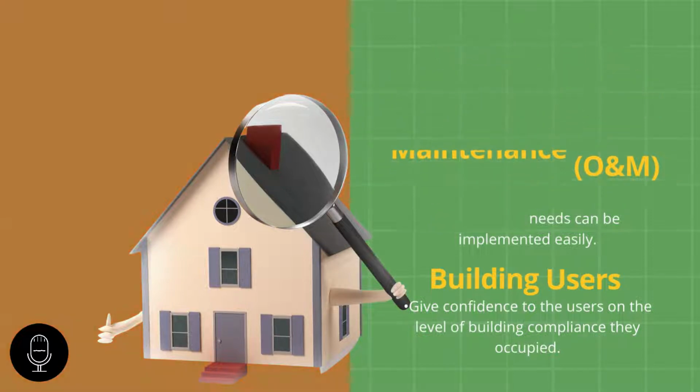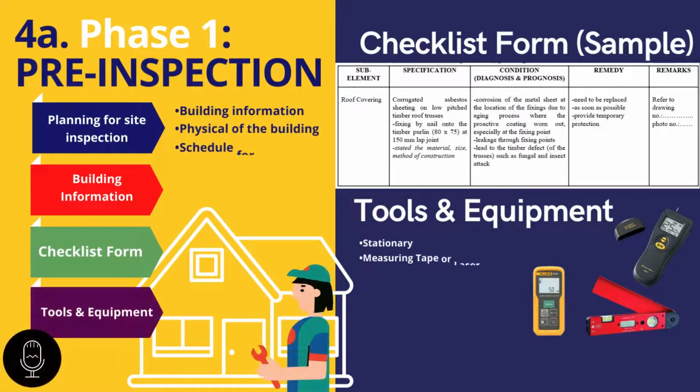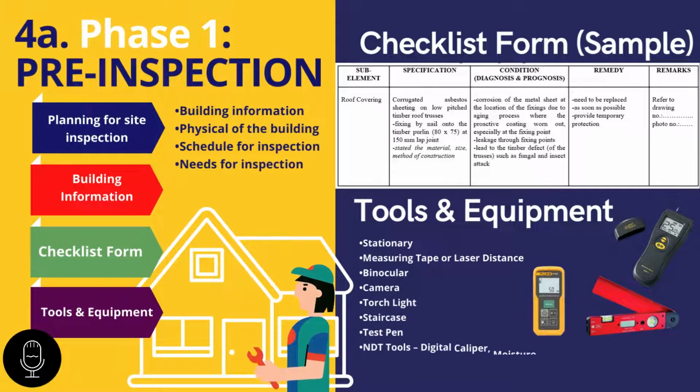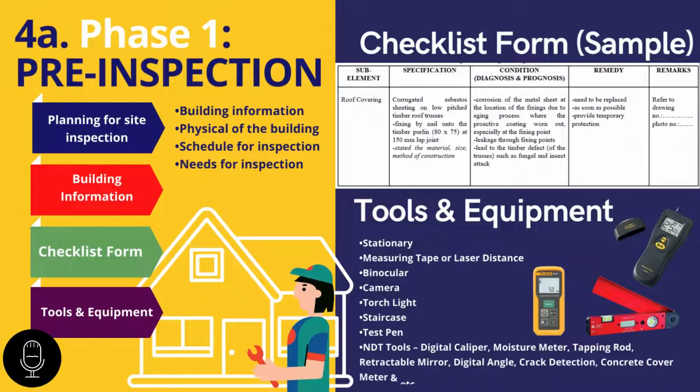There are four components that we have to consider for the pre-inspection phase. It starts with planning for site inspections. This is important to identify the building information, the physical aspects of the building, the schedule for inspections, and the needs for inspection.